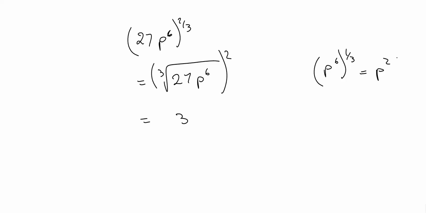That would be p squared, a third of 6. So it's 3p squared, and then squared from this squared there, which is 3 squared, 9, and multiplying the indices, p squared squared is p to the power of 4.